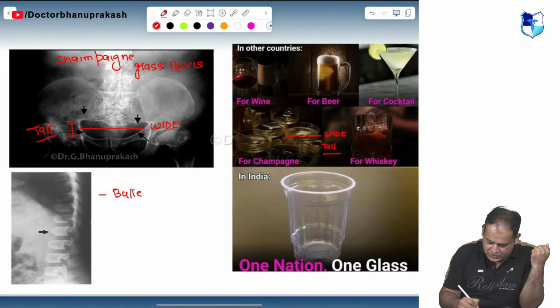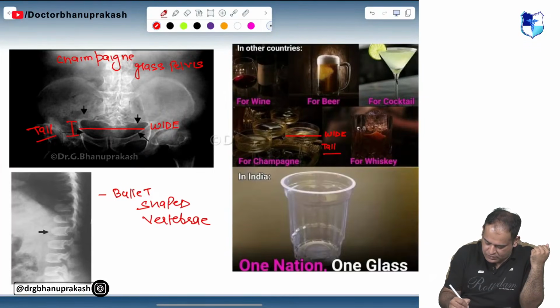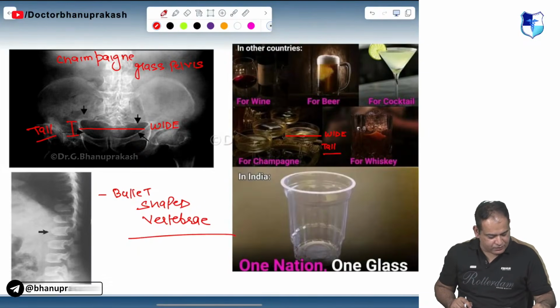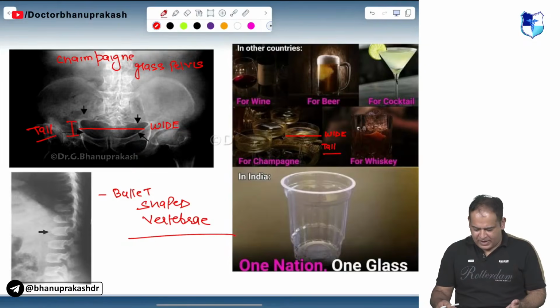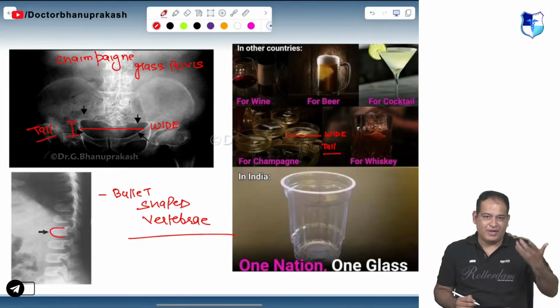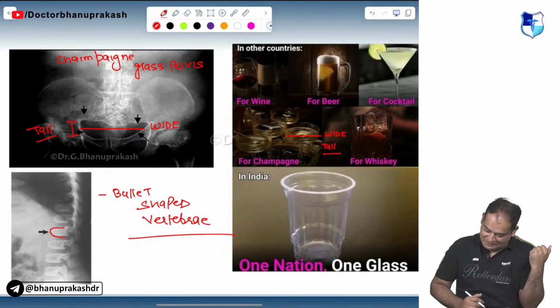And when you see the X-ray, you will see bullet shaped vertebrae. Nevertheless, they are living a happy life. They seem quite happy. That is good, right? What would anyone gain by being tall anyway, right?